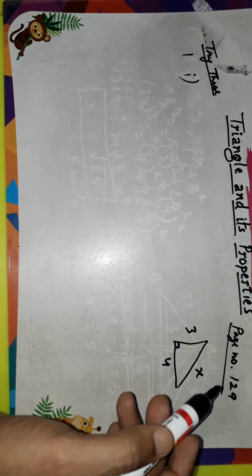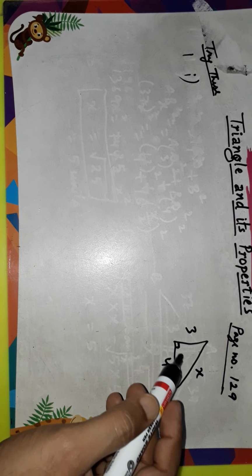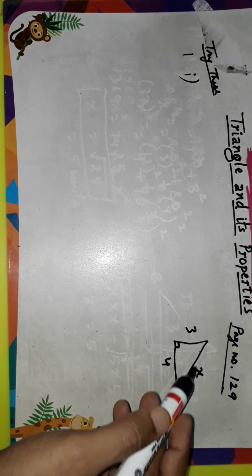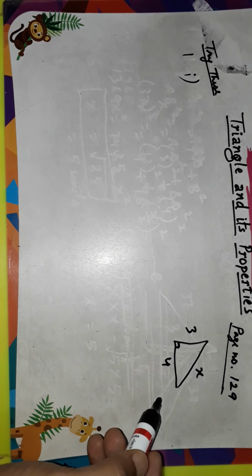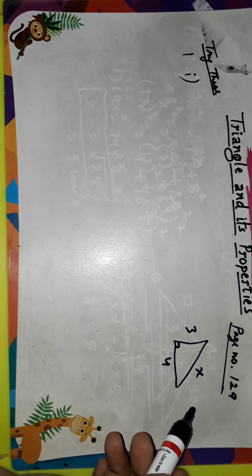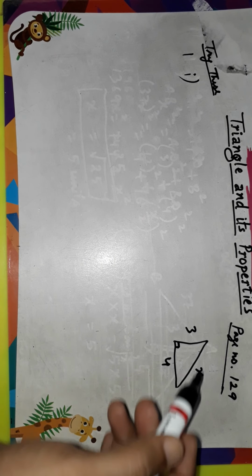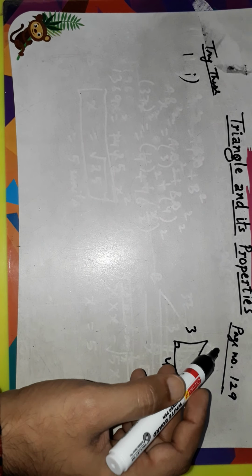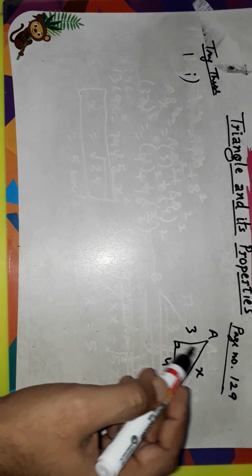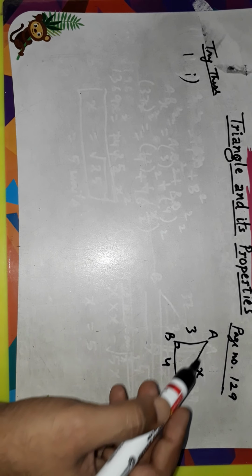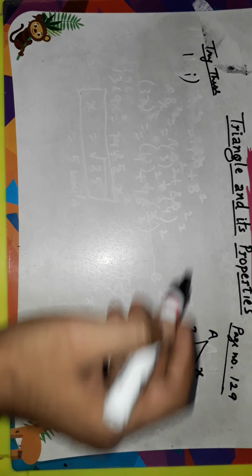You already know that in a right angle triangle, the side opposite to 90 degrees is the longest side, and that is known as the hypotenuse. Now, if you label this figure as A, B, C, this is the hypotenuse, this is the perpendicular, this is the base.